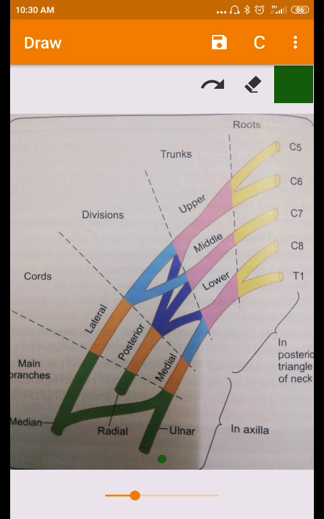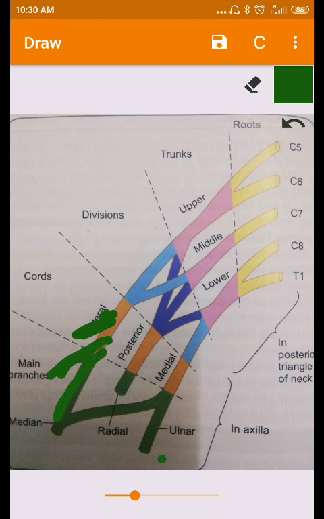Now coming to the lateral cord, the branches which are coming from the lateral cord are the lateral pectoral nerve, the musculocutaneous nerve, and also the lateral root of median nerve.